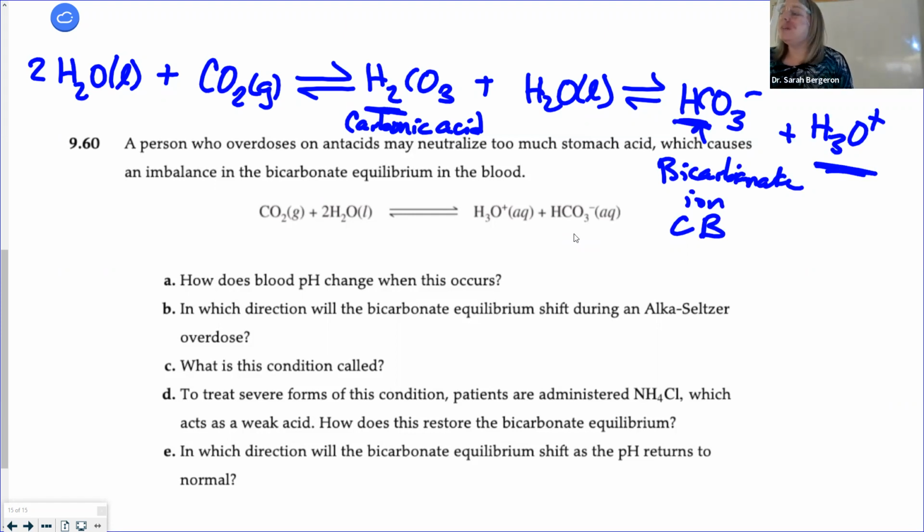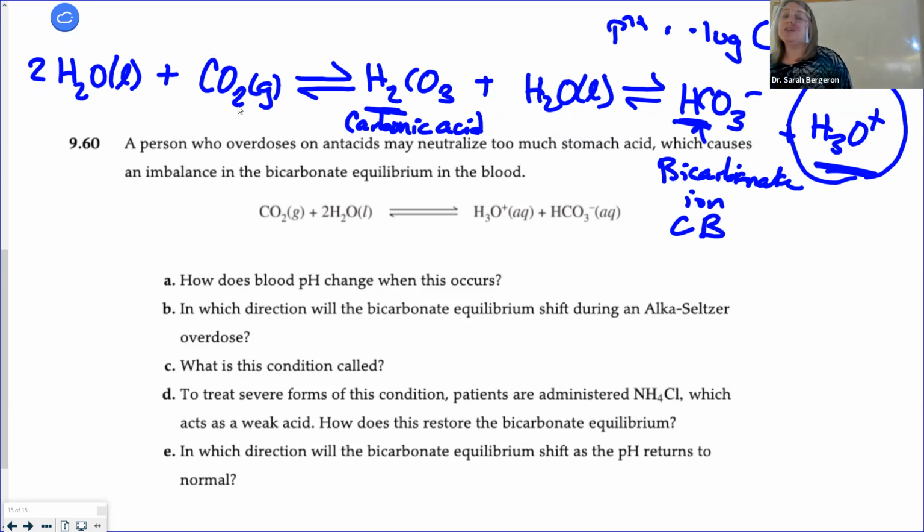So what do we say pH is dependent upon? pH is equal to negative log concentration H3O plus, right? So the more carbon dioxide you have, not in your lungs, in your blood.